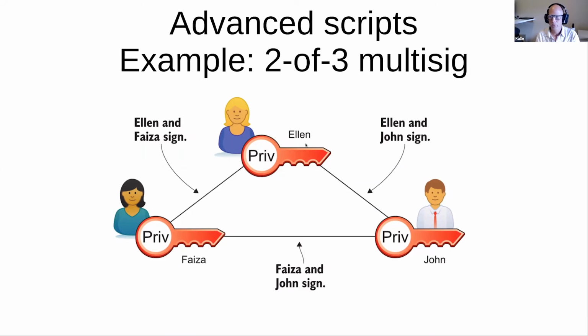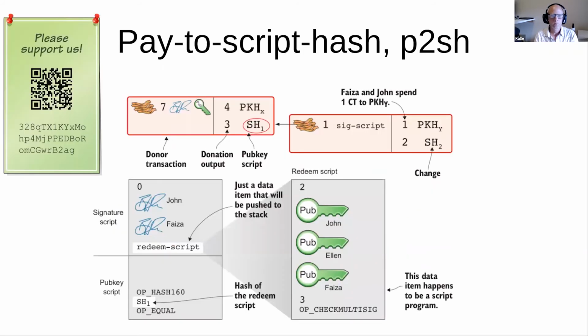So this is a pretty common and good setup, a very common scheme in Bitcoin, especially if you have serious amounts of funds. So this is where pay to script hash comes in.